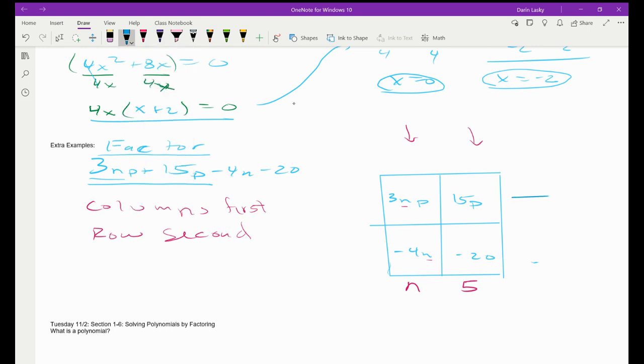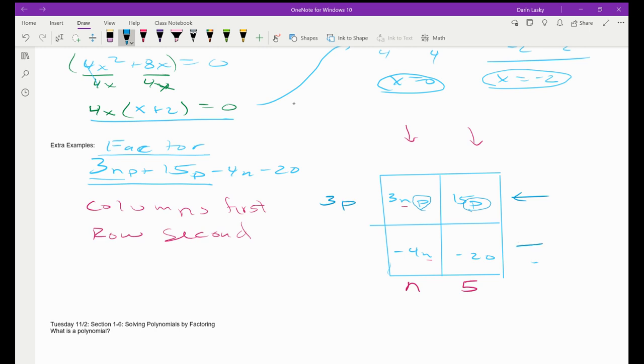So my first row right there, I'm going to look at that and say, okay, what can I divide out of both of those? Well, I can divide a 3 out of both of those because 3 goes into 3 once and 3 goes into 15 5 times. So I'm good there. And then left to right, I can take out the variable p. So I can pull the variable p out of there.